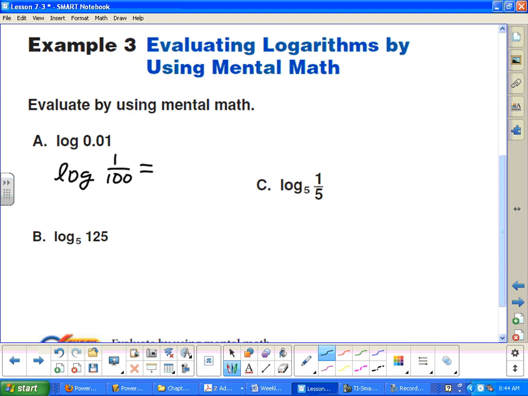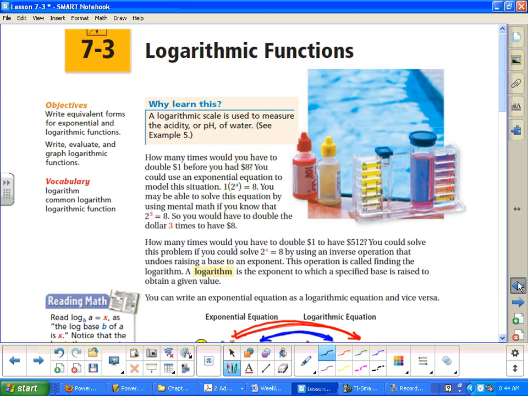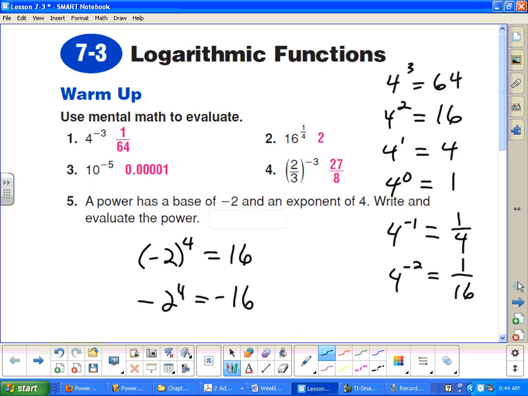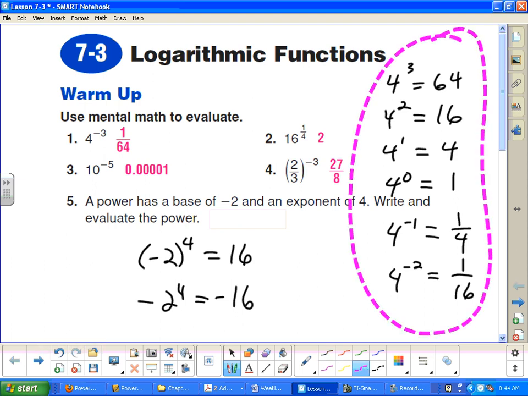Now, when we have fractions, take this back over here. When we were doing our warm-up, we had this stuff here. If we get a fraction, that means the exponent is going to be negative.